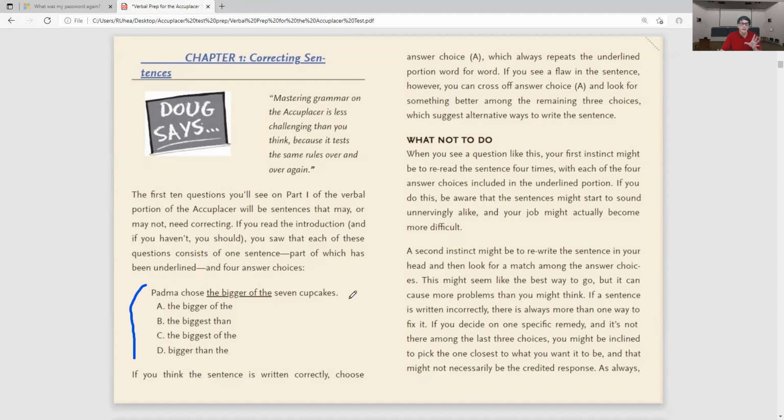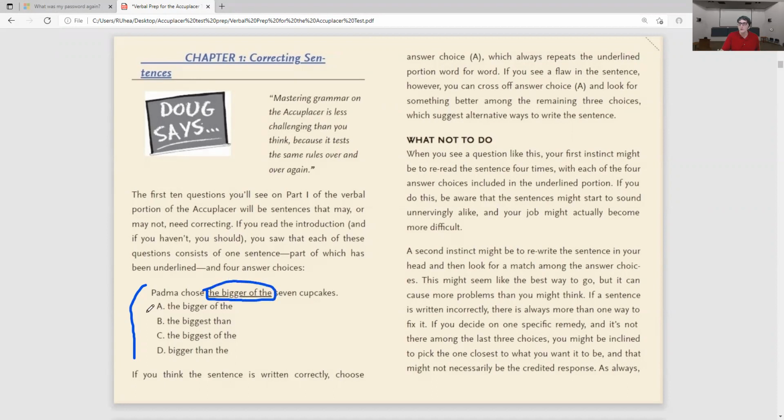So the test question is, Padma chose the bigger of the 7 cupcakes. You see that sentence. Now you've got to decide if you can improve the sentence by choosing another replacement for the underlined parts of the sentence. The underlined part of the sentence is the bigger of the 7 cupcakes.